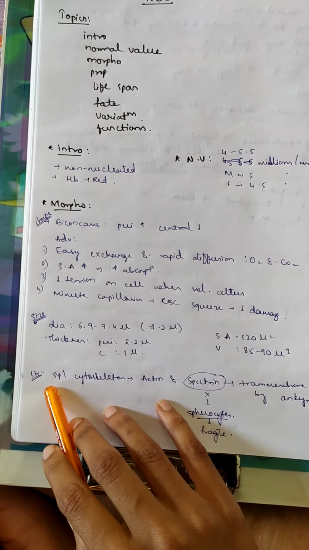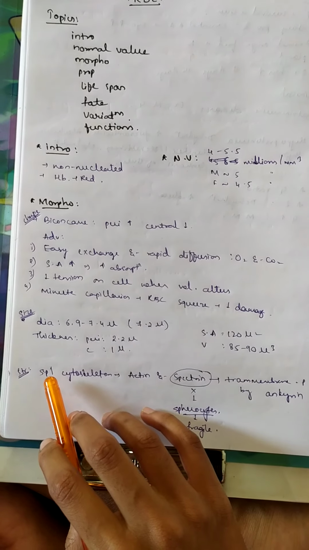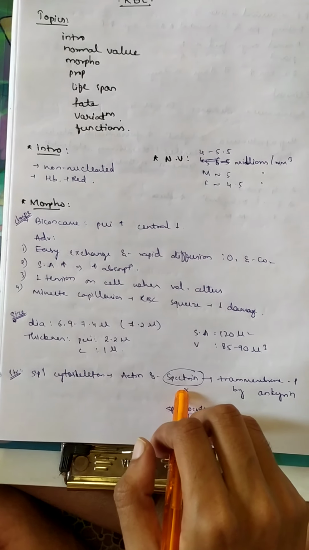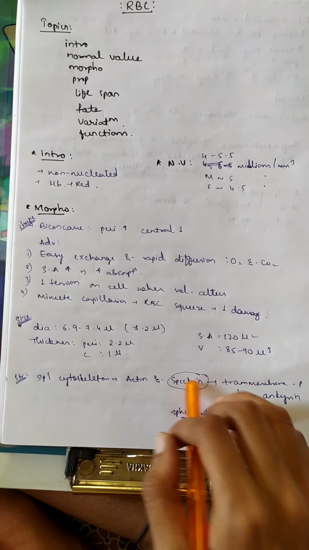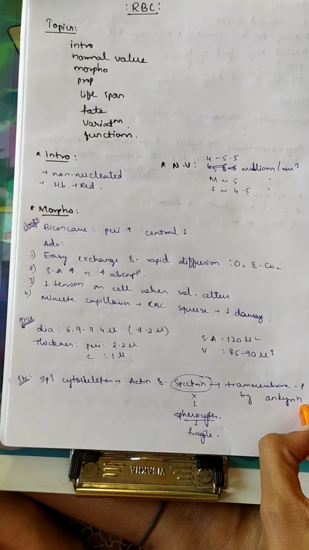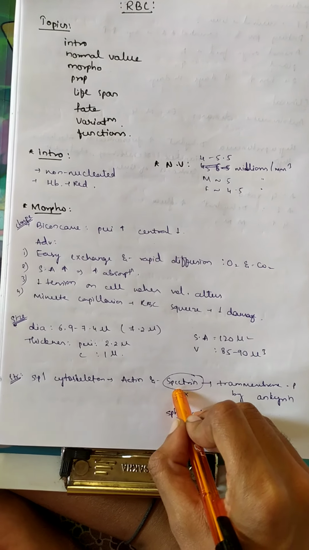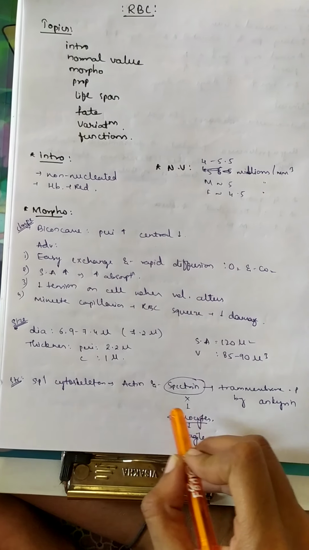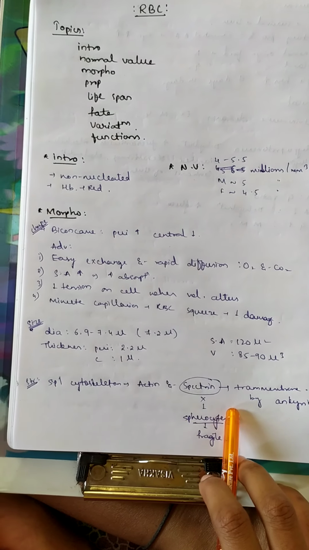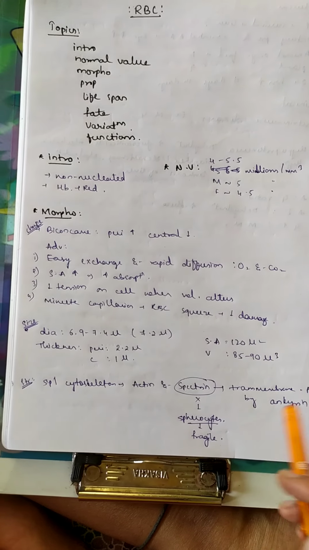Coming to the structure, it has a special cytoskeleton called actin and spectrin. This is connected to the transmembrane protein with the help of ankyrin. If spectrin is not there, the biconcave shape is lost and it becomes spherocytes, that is, globular in shape.